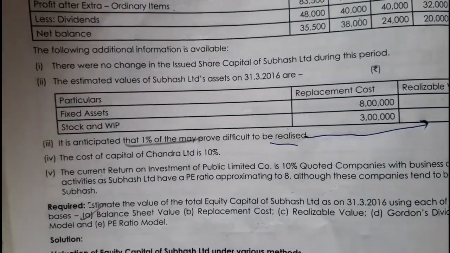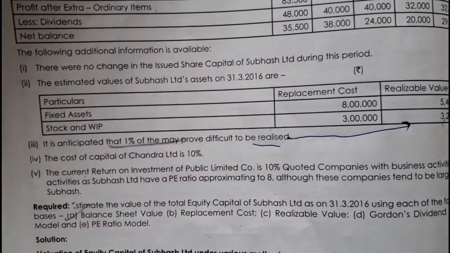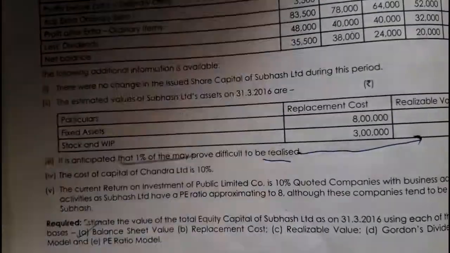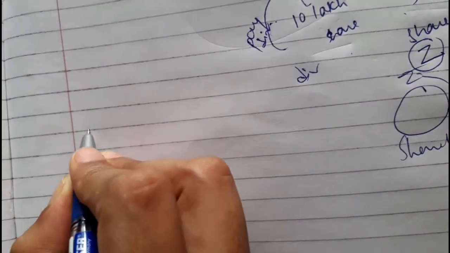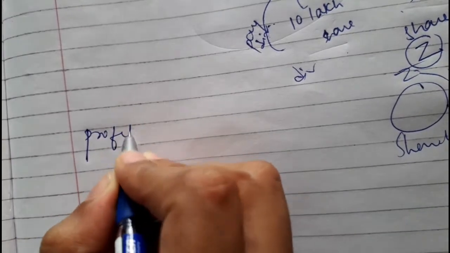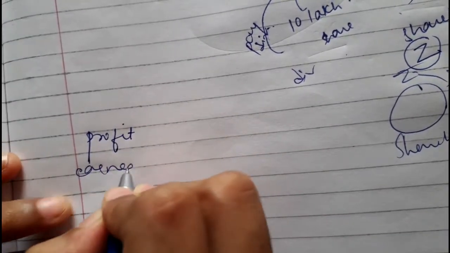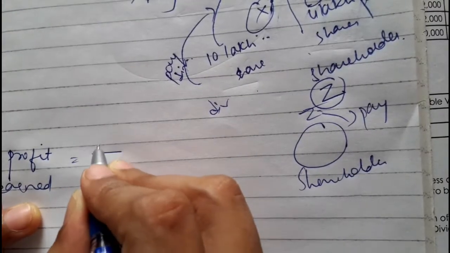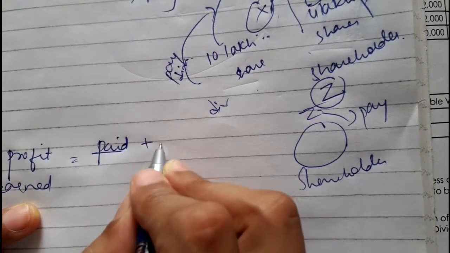Okay, so as I told you, of the profit earned in a company, some is paid and some is retained.